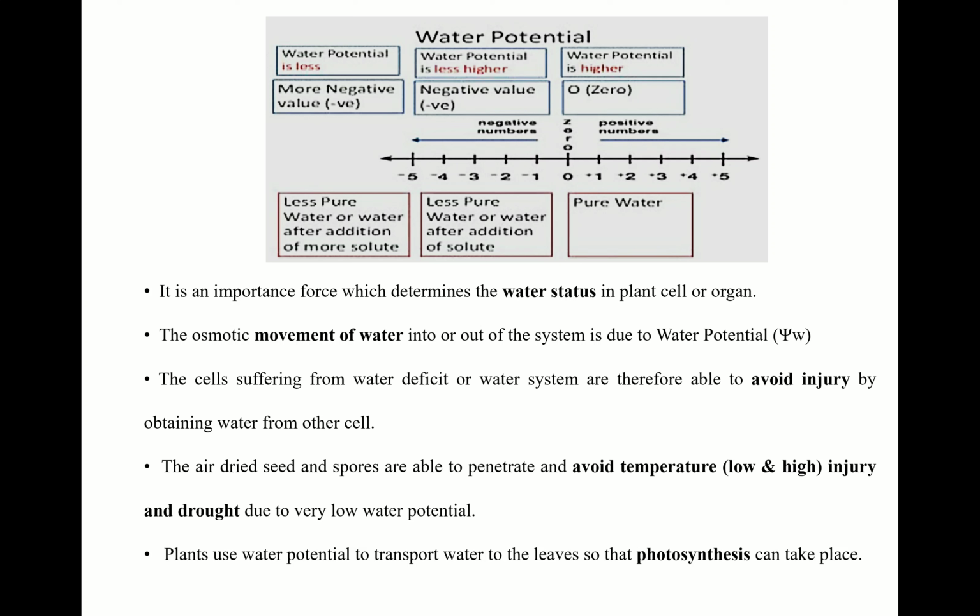It cannot be done without the help of water, and this water is transported with the help of water potential, from the roots to the leaves, and also to the other parts of the plant.